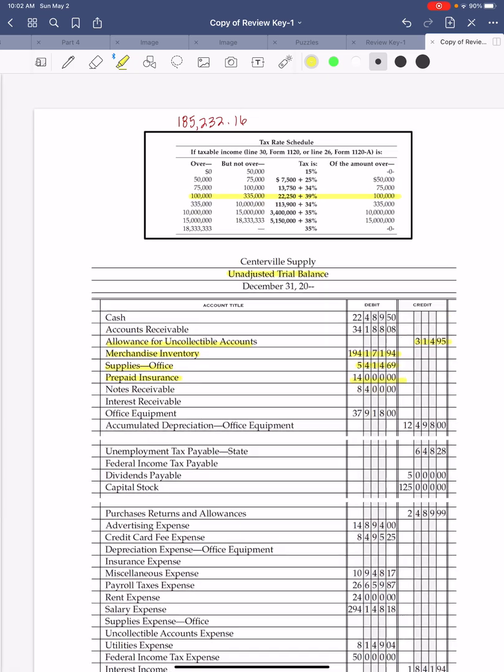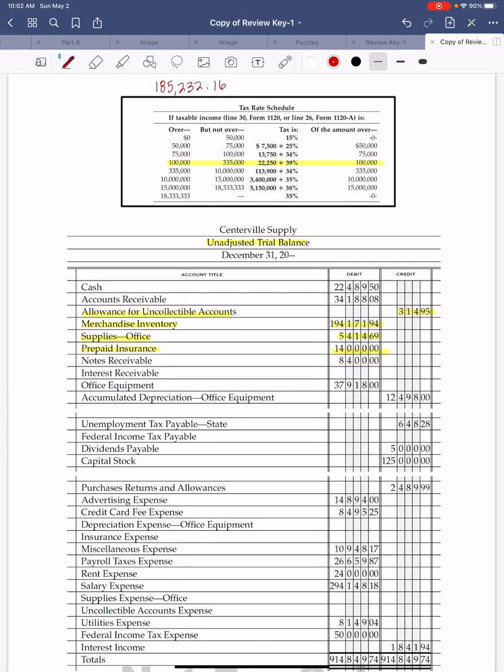So for our first 100,000, we are taxed right there. So for our first 100,000 is $22,250. Then we need to figure out how much it is beyond the 100,000.